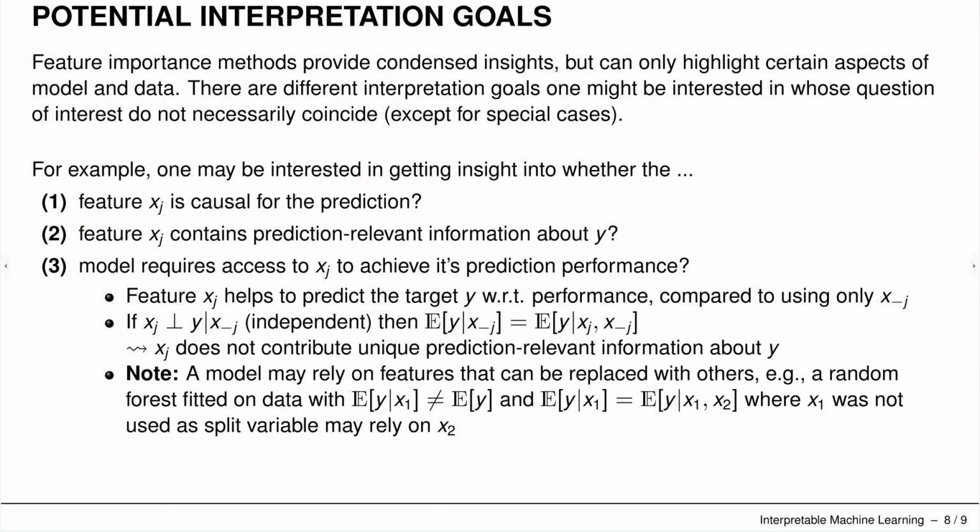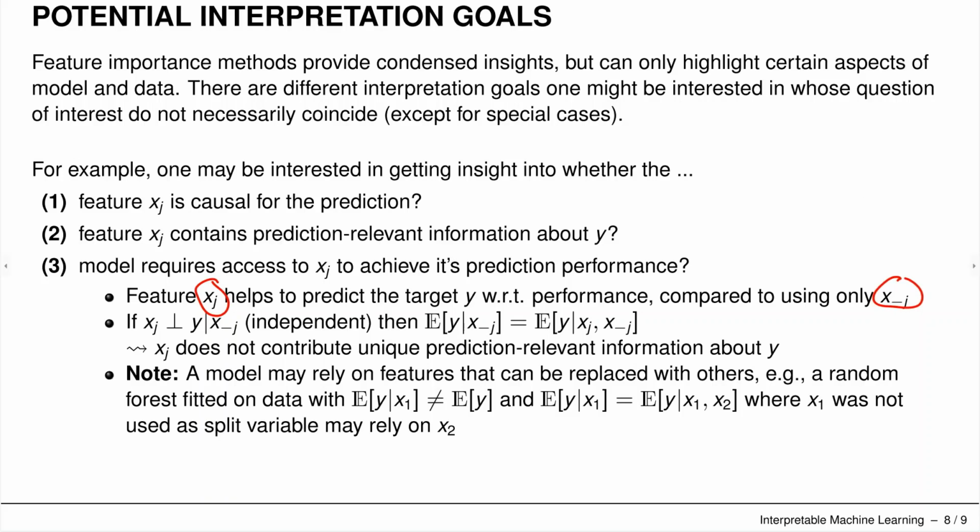The third goal is about, does the model require access to the feature of interest to achieve its prediction performance? So now it's not about the prediction and not about the true target, but it's about the prediction performance. So does the feature xj help to predict the target with respect to performance compared to using only x minus j? So here we mean by xj the feature of interest, and x minus j is all features except the feature of interest.